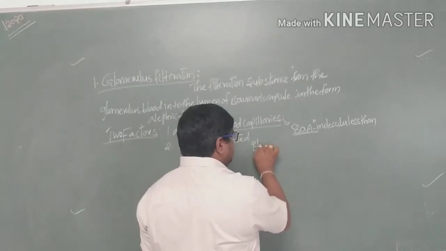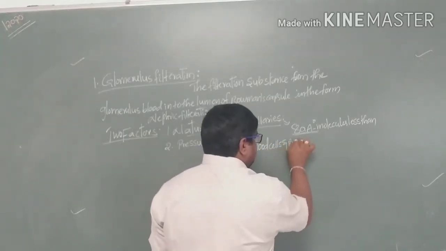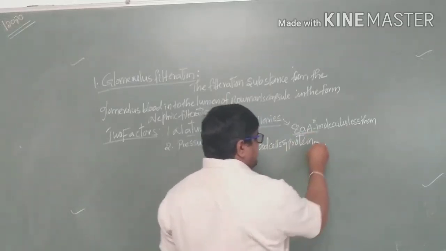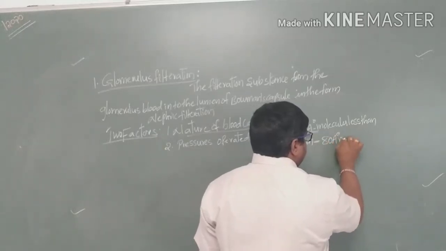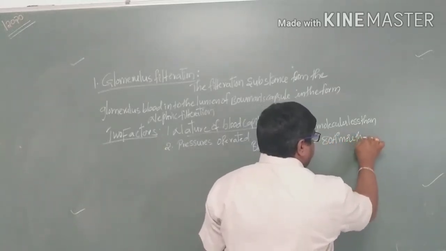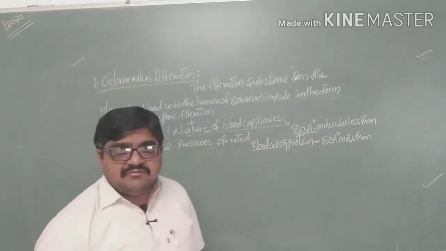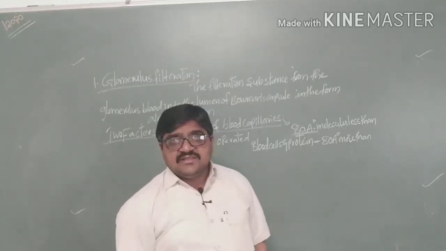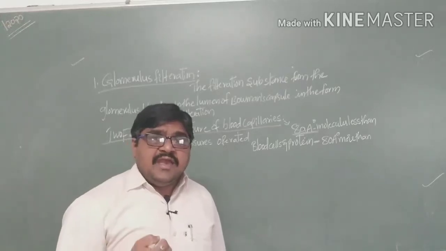The blood cells and proteins have more than 80 Angstrom units, so they are not filtered, and the remaining substances present in the blood are filtered into the lumen.